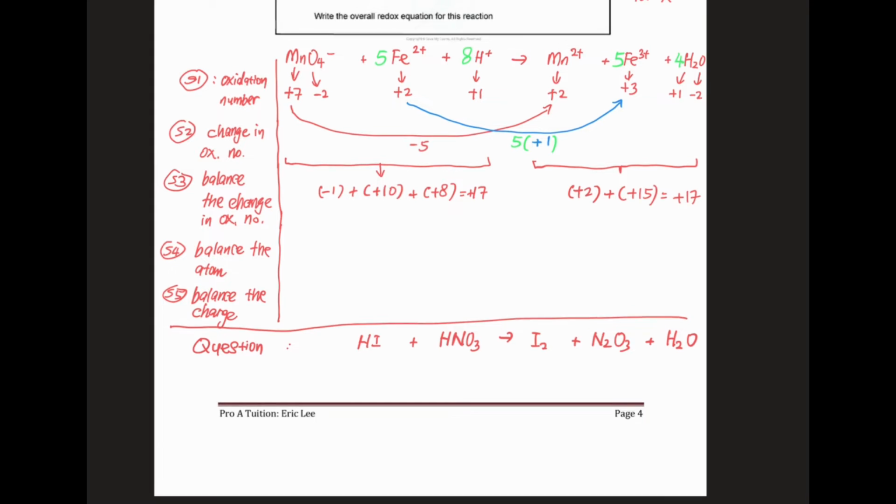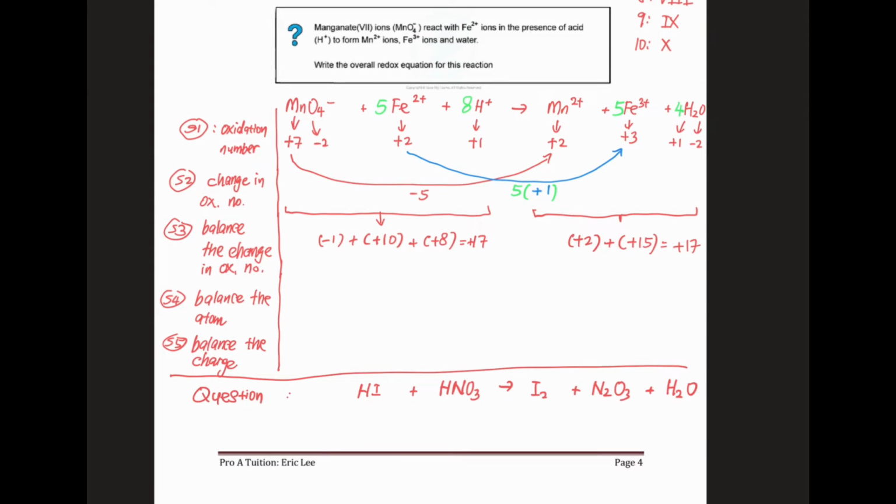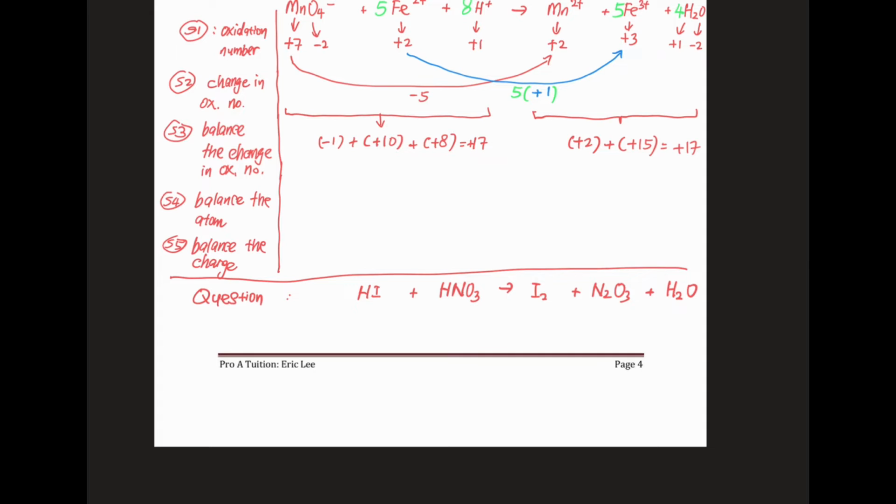Okay, so you are going to use oxidation number. So you have to try it out to balance the equation. Oxidation number: plus 1, minus 1, plus 1, plus 5, minus 2, 0, plus 3, minus 2, plus 1, minus 2.